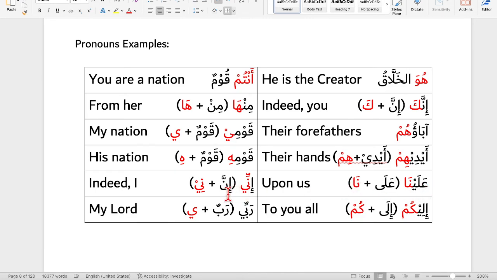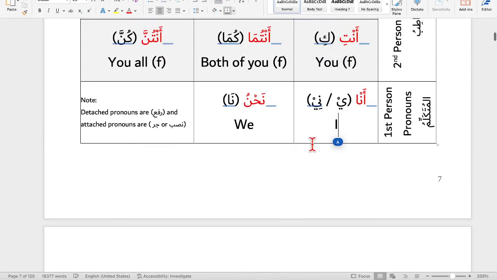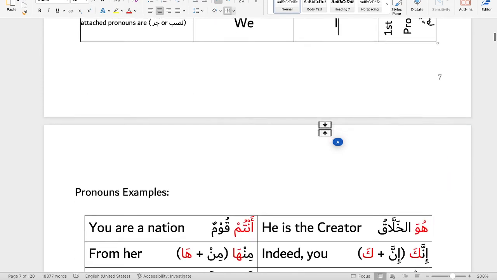Inni, inna plus ni. Inna is indeed, and here ni has come, which is the attached pronoun for the first person. Its attached pronouns will be either ya or ni, so here ni is used.